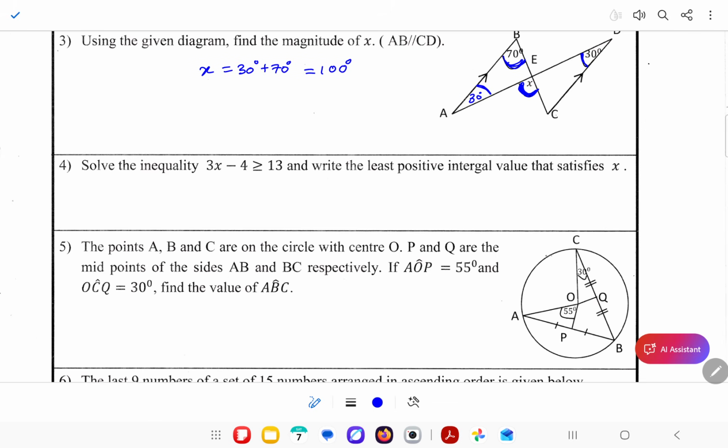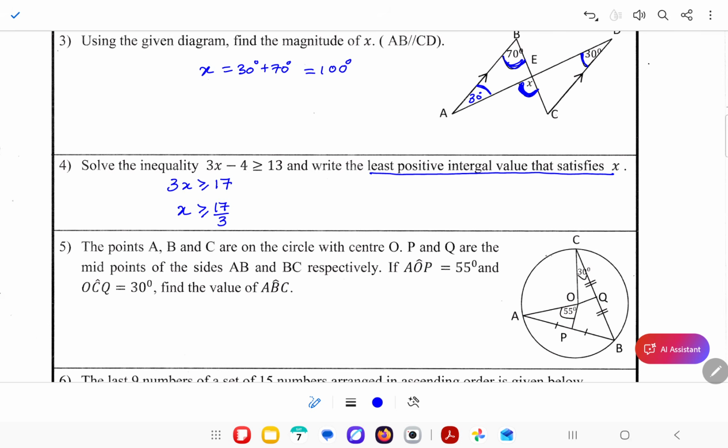Then let's look at question 4. Solve the inequality and write the least positive integer value that satisfies x. So 3x minus 4 is greater than or equal to 13. That means 3x is greater than or equal to 17. So x is greater than or equal to 17 over 3.